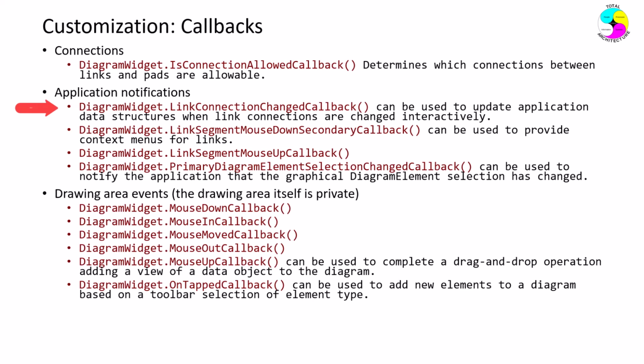We saw this earlier when the ownership link changes were reflected in the model. In the earlier example, the mouse up callback was used to complete the drag and drop action from the tree to the diagram, and the onTapped callback was used to implement the diagram changes based on a toolbar selection and a click in the drawing area.